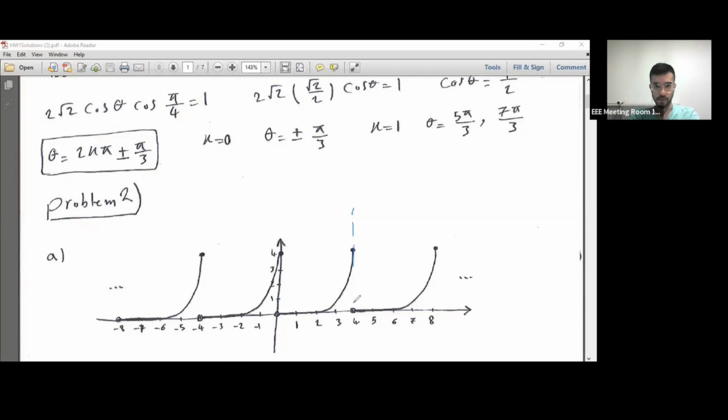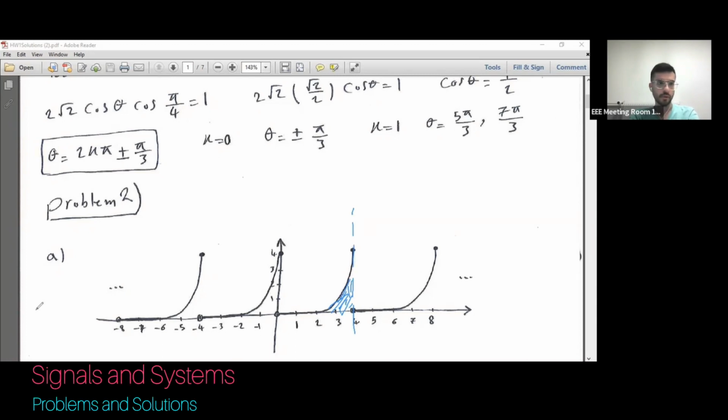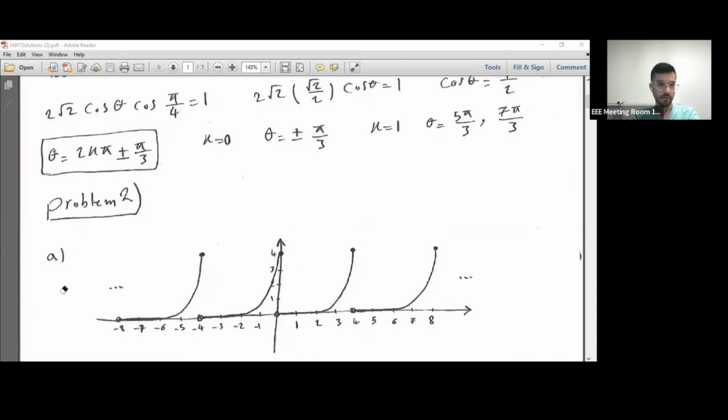If I plot this line here, we have this area under the curve. So this area should be calculated. Actually, if it was just a straight line, we could just do the math and find the area below the curve. But here we need to calculate it because this is not easy to calculate.